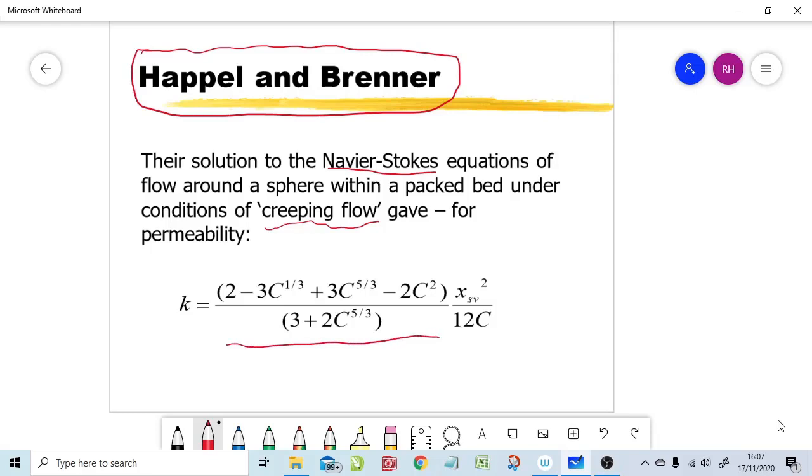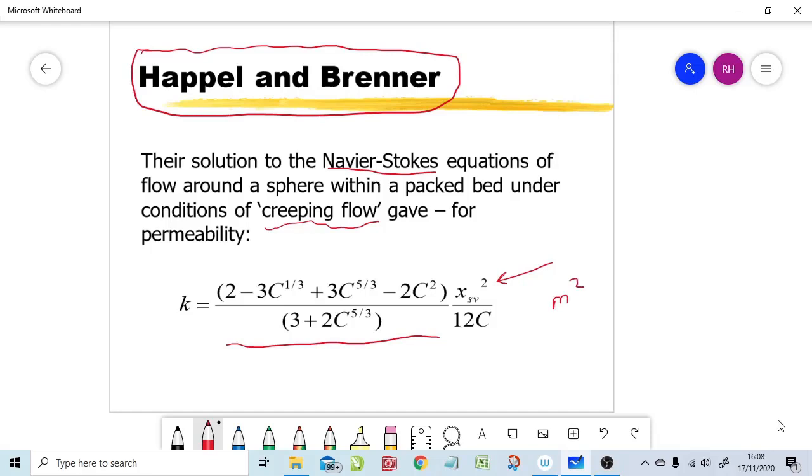Okay, so we're working in terms of concentration rather than voidage here, and also the Sauter mean diameter, the particle size. In their case, they were using uniform monosized spheres, but the way we translate that to something useful is that we use the Sauter mean diameter, and of course it's the diameter squared, which will give us the expected units of meters squared for permeability.